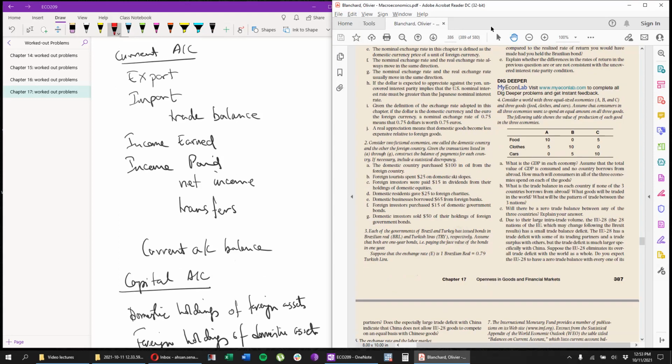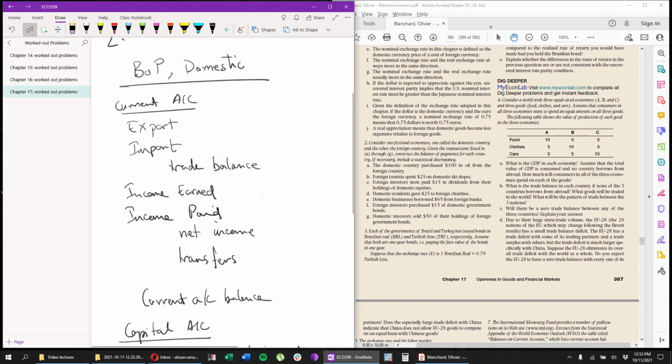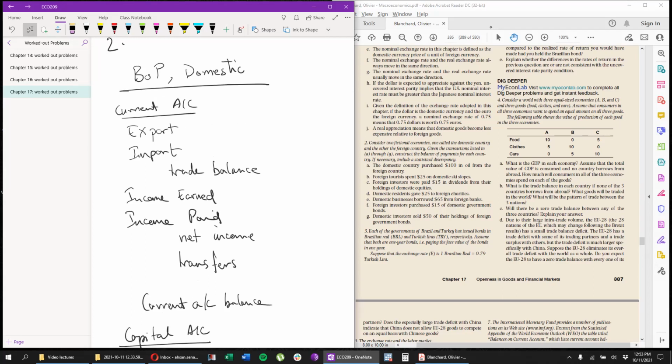So transaction 1, domestic country purchases 100 in oil from foreign country. So this is export for the domestic country, right? 100 in oil. No, sorry, domestic country is purchasing it. So this is import for domestic country. So let's add 100 here for import.